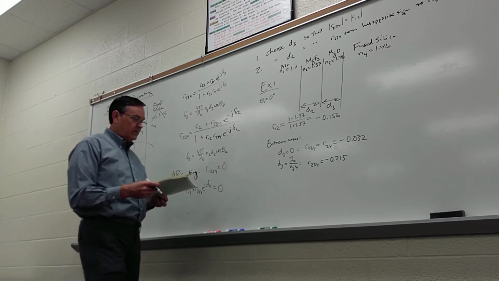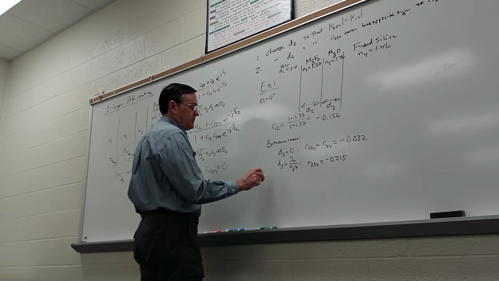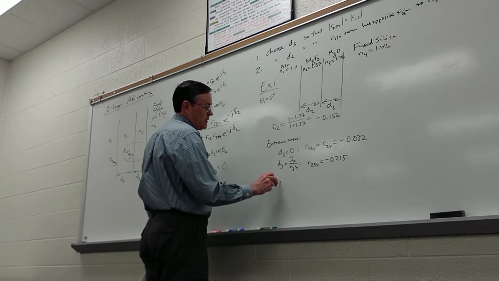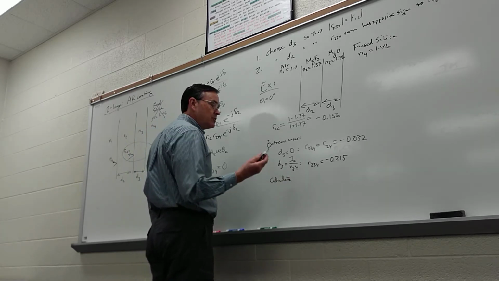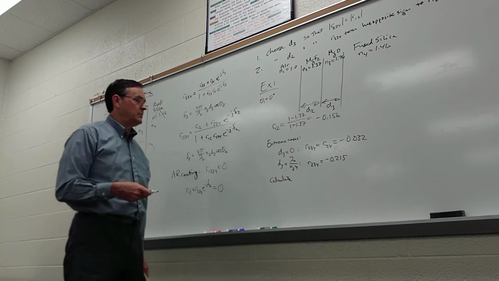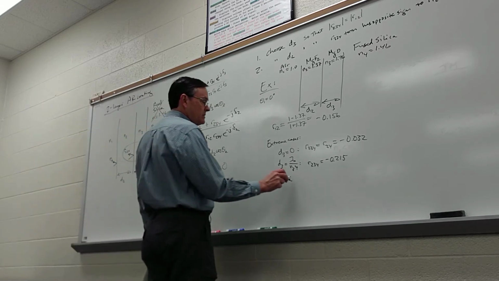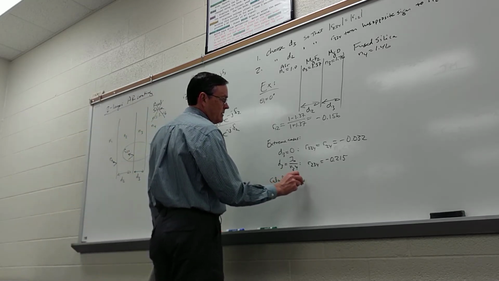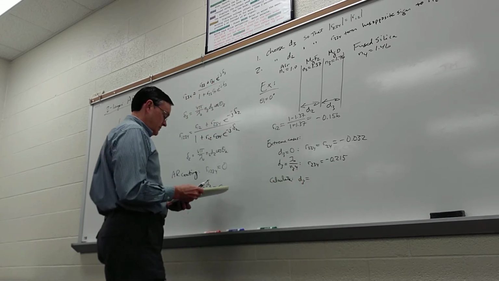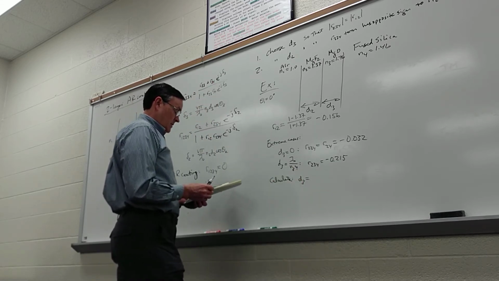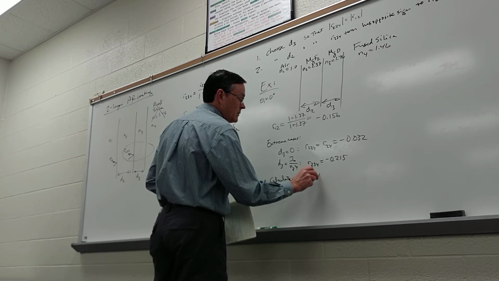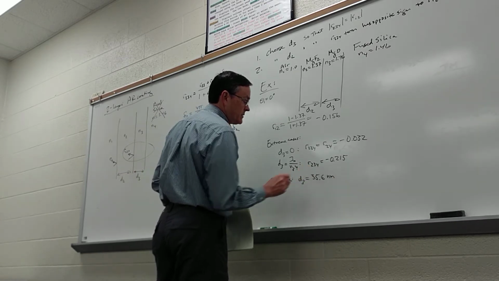We can do the calculation, and it's a root finding calculation, so you have to do it numerically. But we calculate it, and we find that D3 is equal to 35.6 nanometers.